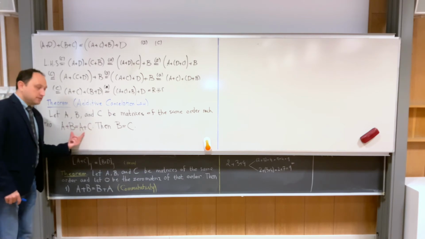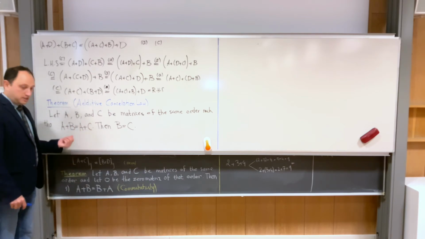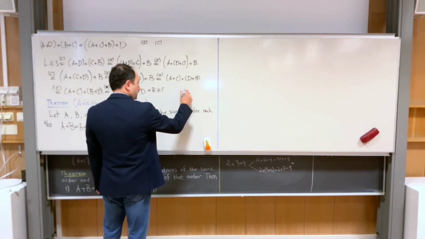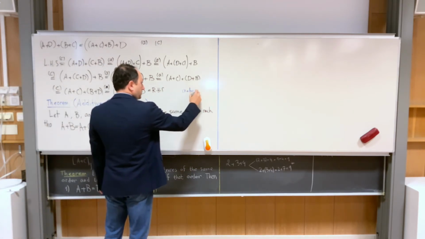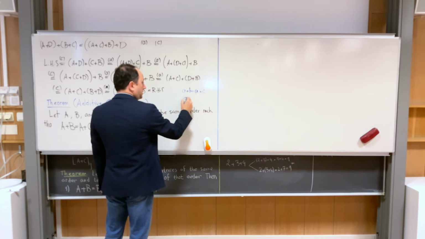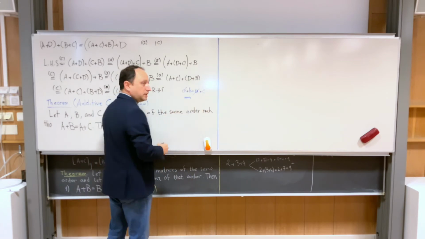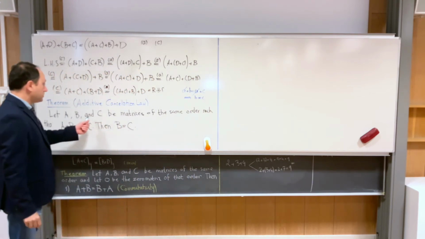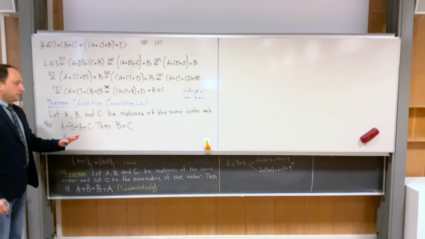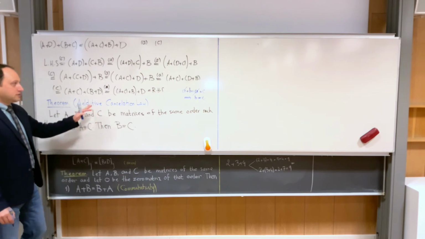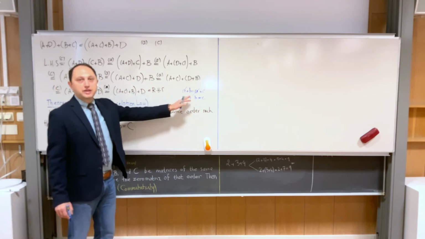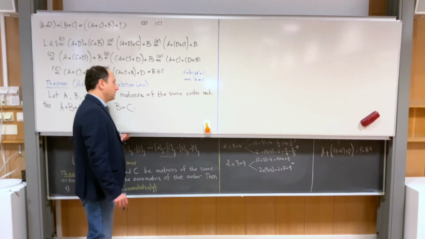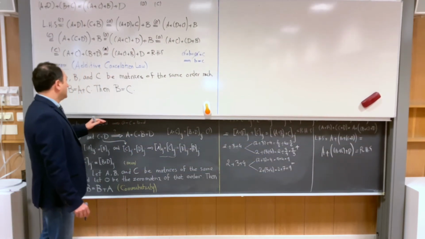Again, this is valid for numbers. Yes, this is completely clear that if I have a number A plus B equal to A plus C, I can immediately conclude that, okay, I can cancel A from both sides and I get B is equal to C. This is also true for matrices, but it needs a proof. And the proof relies exactly on this statement for numbers. Yes? So how should we prove that?